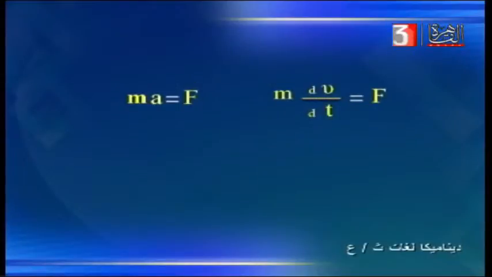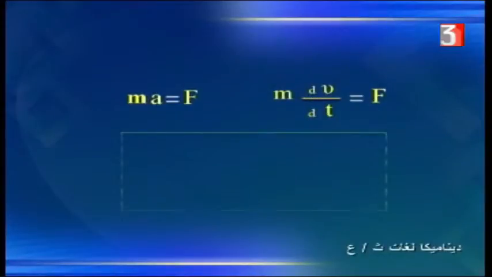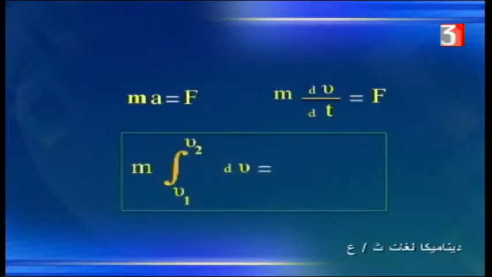Then MA equals F, we can write this formula in the form M dv/dt equals the force F. And M integration dV from V1 to V2 equals integration F dt from T1 to T2.